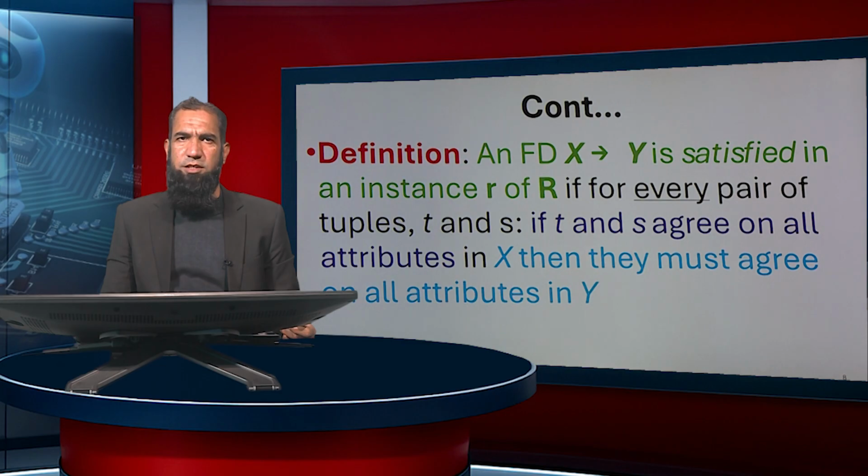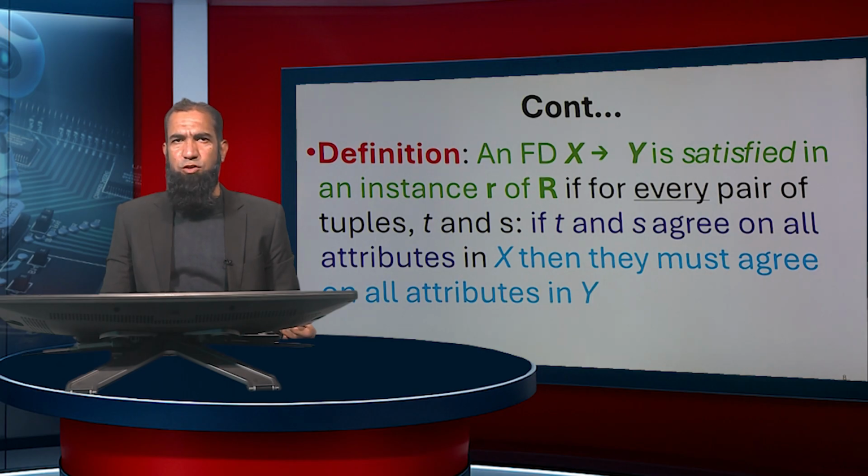Suppose we have a relation Student, with attributes roll number, name, department, and advisor. If we say roll number determines name, department, and advisor, it means that whenever two tuples have the same roll number, they must also have the same name, same department, and same advisor.